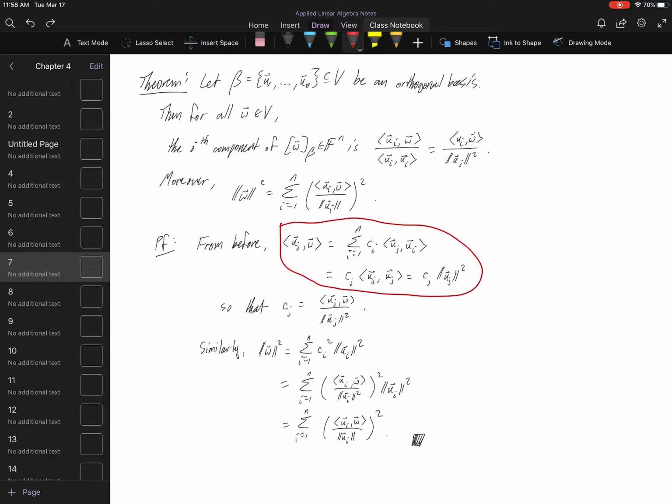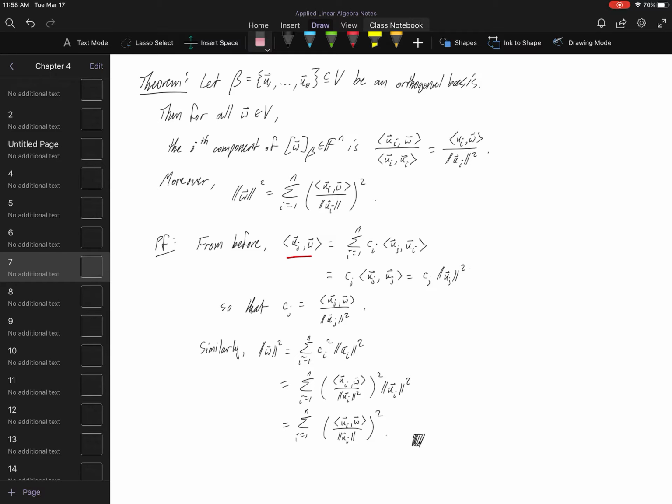No, because I'm just doing that against UJ, not against an arbitrary W. So again, invoking bilinearity, or just linearity in the second component of the inner product, the inner product of UJ with W can be seen as this CJ times the norm of UJ squared. Again, that's because this term in here becomes a Kronecker delta. So once we have that delta in place, we can get rid of a lot of computations.